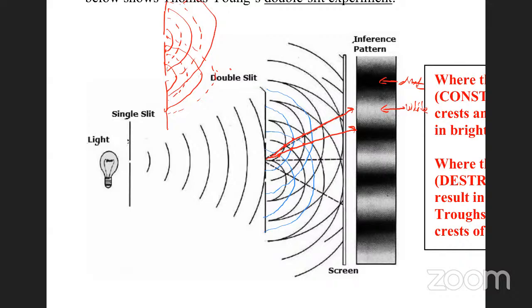And where the crest and crest meet, line it up, the same way I showed you here. Crest and crest, trough and trough, crest and crest. And connect them with a line. And where all meet and you draw the line out, that'll be a right spot and a constructive interference, right?